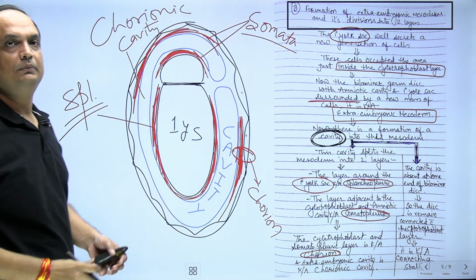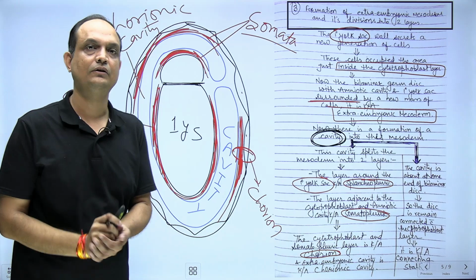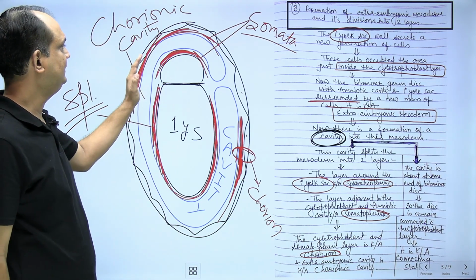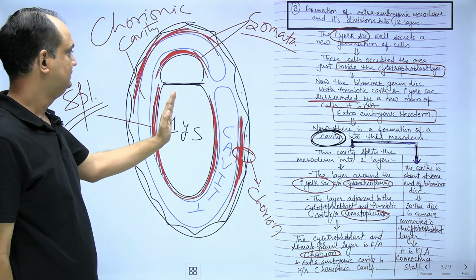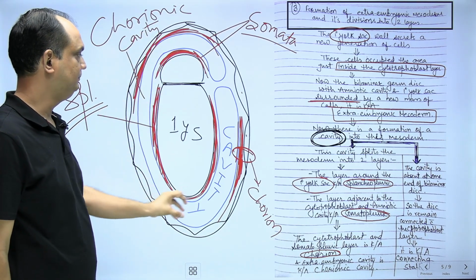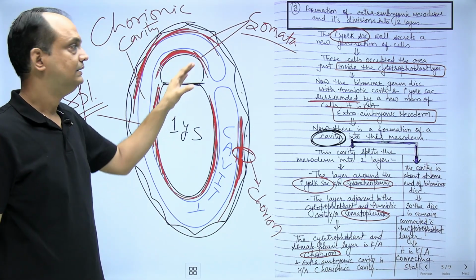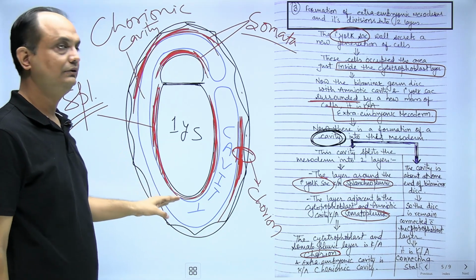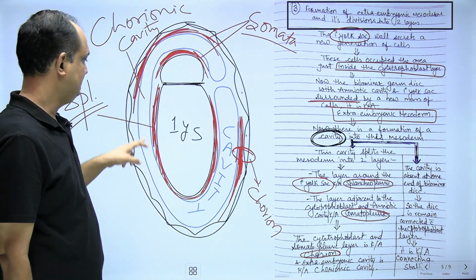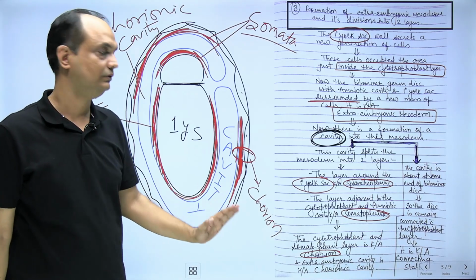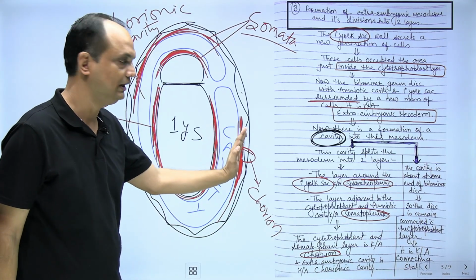So when you are talking about the changes in the second week, first there is a formation of the amniotic cavity and yolk sac. Then there is an appearance of extraembryonic mesoderm outside the cavities. Now in the extraembryonic mesoderm there is an appearance of another cavity. This cavity is going to divide the extraembryonic mesoderm into an inner lining and outer lining.